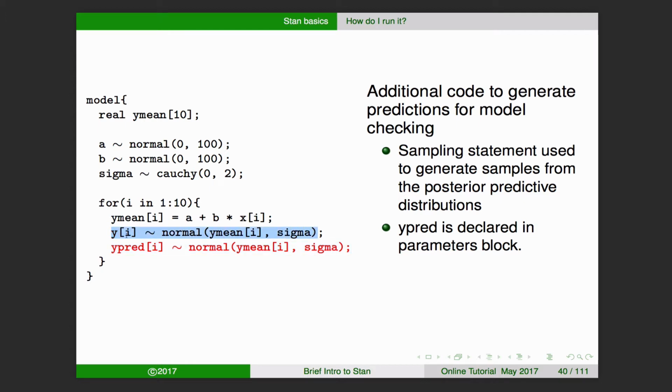The key difference is y is a pre-specified set of values, whereas y_pred is a parameter that's going to be simulated. So it plays a little bit different role. Later on, I'll show you another strategy that's actually more efficient for doing this kind of posterior simulation. But for now, I'll just show you this one because it's the simpler one to write.